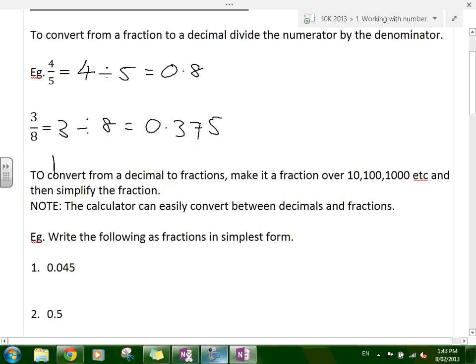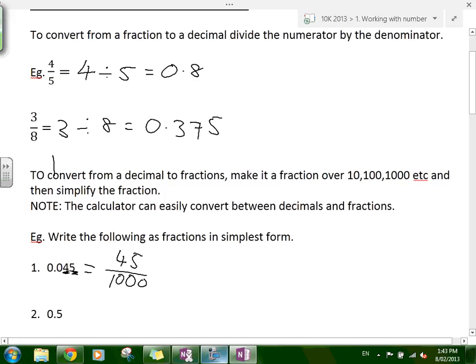What holds the place value? How many thousandths? So what we do with this is just say it's 45 over 1,000.